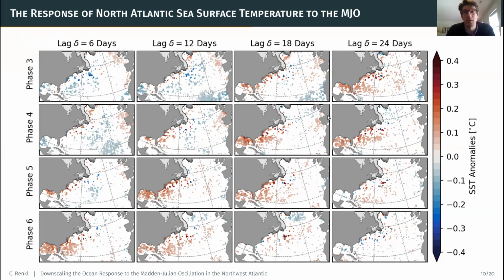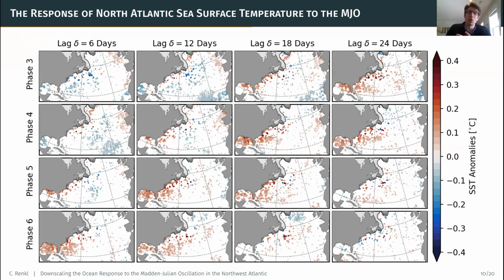So this obviously creates some ambiguity, which is hard to settle, which phase actually causes this response. However, we know from the atmosphere that the strongest response occurs after phase 3. So from now on, I will mostly focus on phase 3.